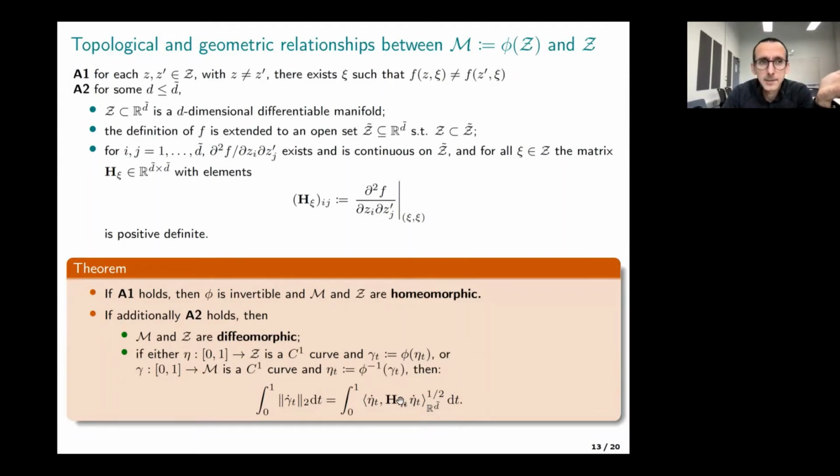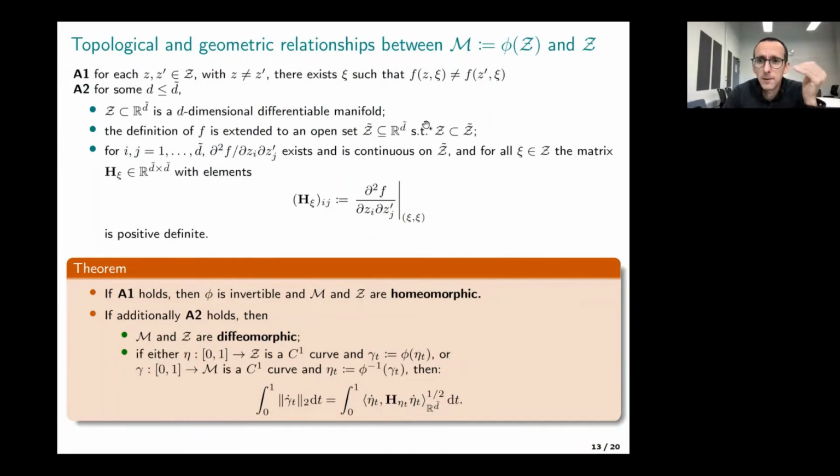Okay, and that's a way in which, in Riemannian manifolds, geometry and specifically the notion of inner products and distances is a local notion. Okay, so what this says is that the length of a curve gamma in M is equal to the length of the corresponding curve in Z, not with respect to Euclidean distance, but with respect to this Riemannian metric.